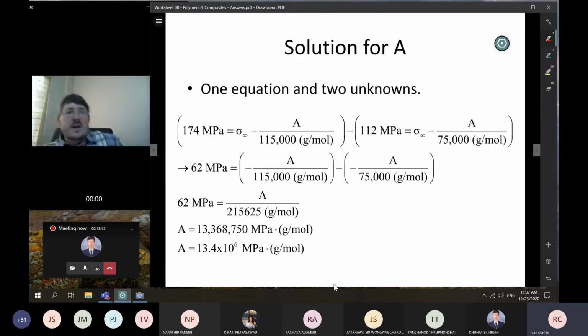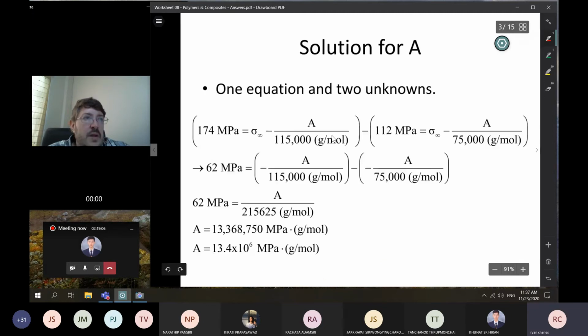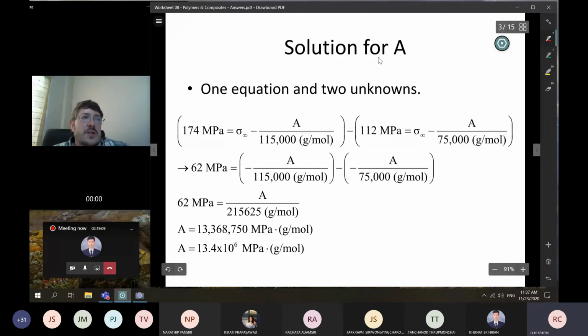So how do we solve for A? We look at this. We don't know sigma infinity. We have sigma TS and M sub n. We have two unknowns, and we can't solve them just by plugging numbers into one equation. One equation and two unknowns. Well, we can subtract.